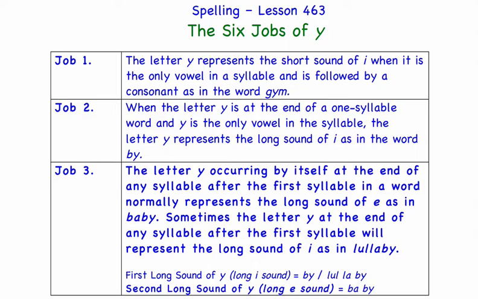The first long sound of Y is the long I sound, as you hear in the word buy or lullaby. The second long sound for Y is the long E sound that you hear in the word baby. When Y represents its second long sound, you double underline the Y to indicate Y is representing its second long sound, which is the E sound.